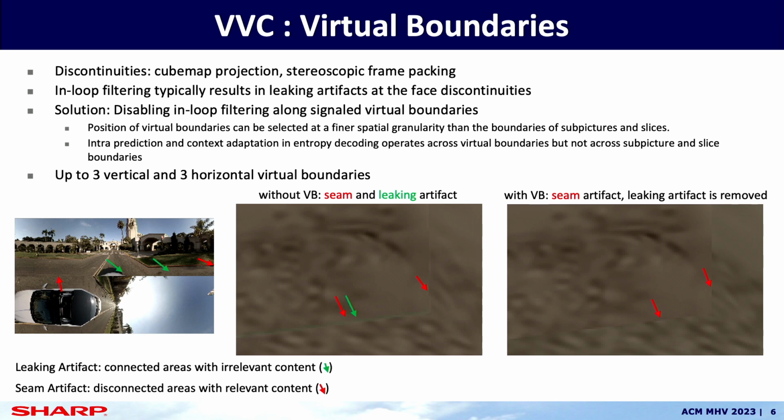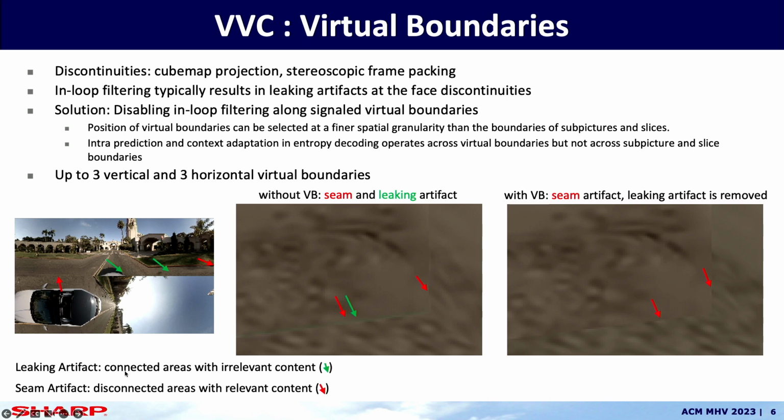The standard supports up to 3 vertical and 3 horizontal boundaries, and part of it is used for handling this cube map kind of 360 video artifact removals, but then people also use it for something called gradual decoding refresh, and in that case you can signal these virtual boundaries to change on a per picture basis, whereas for something like cube map you just signal it once in a sequence parameter set because it will be static.